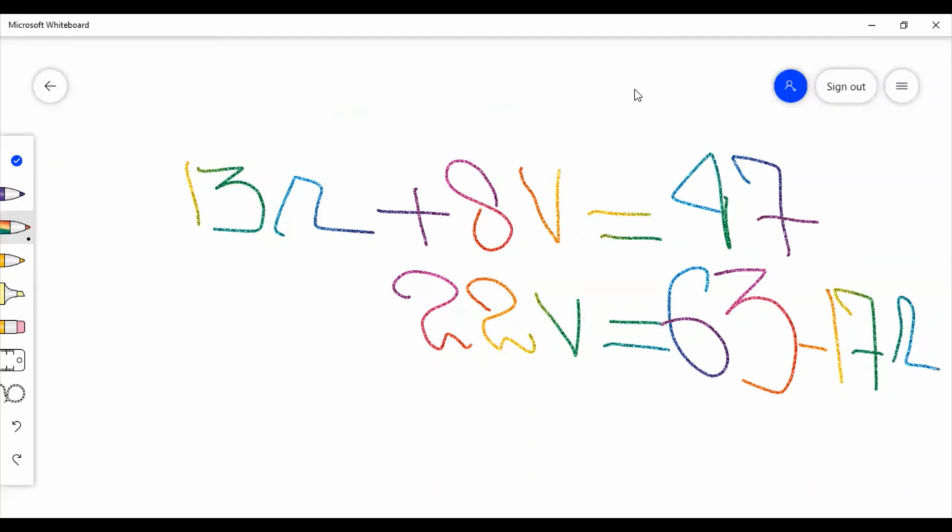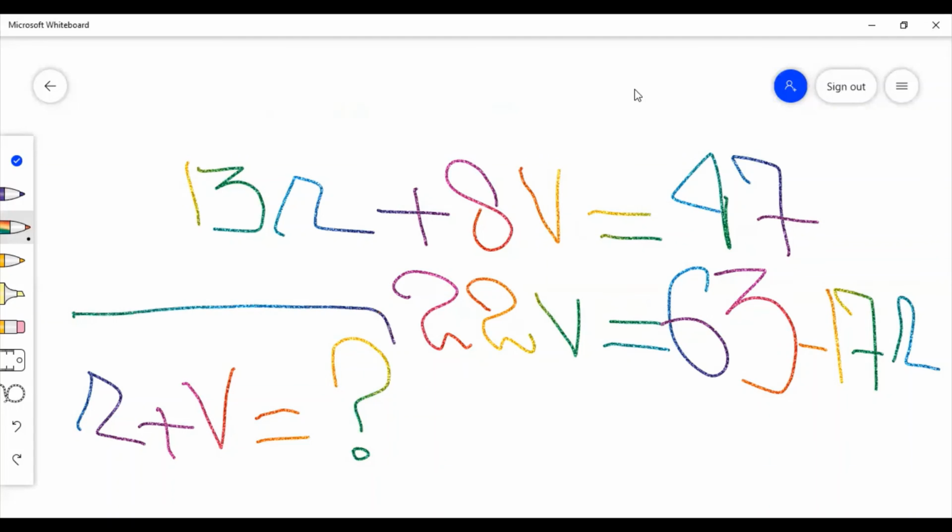Based on the system of equations above, you are looking for R plus V. So what is R plus V? You have almost 60 seconds. You can take 100 seconds.